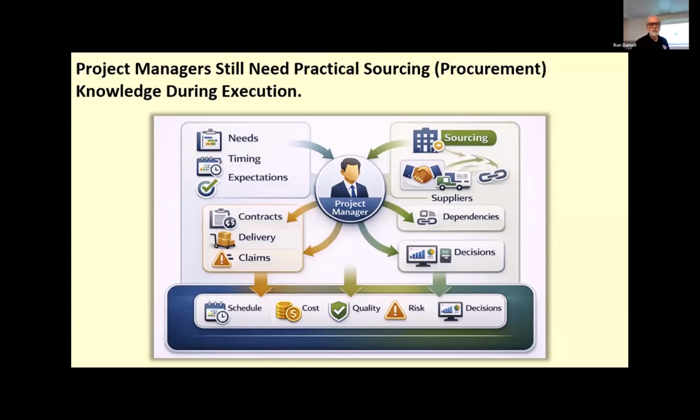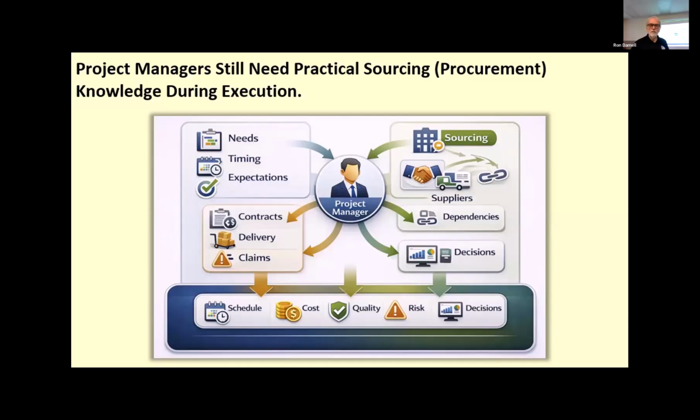In practice, project managers don't fully own the organization's sourcing or purchasing processes, like I've been talking about. The work may sit with the procurement office or supply chain function or a contract manager or another enterprise group. Even with that, the project manager still has to help define what's needed, when it's needed, how supplier performance connects to your project milestones, and what happens if an external dependency slips.